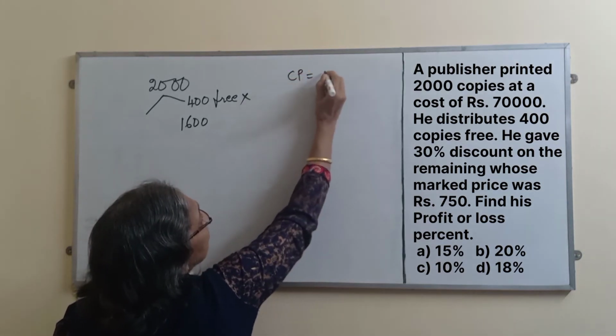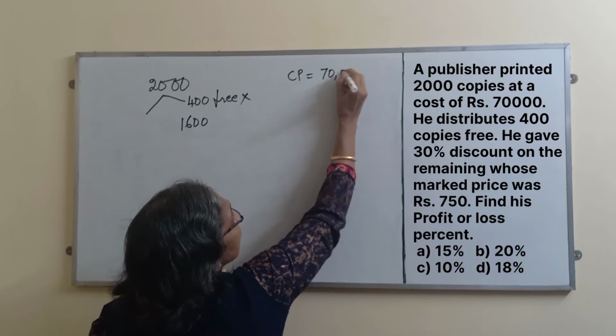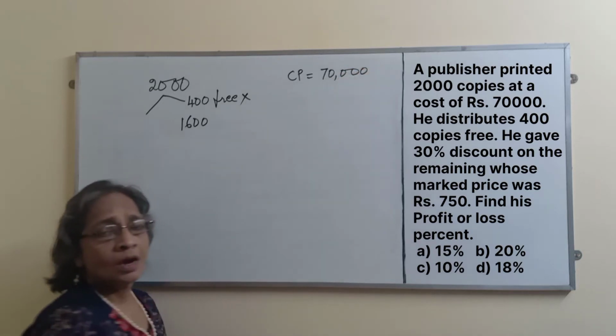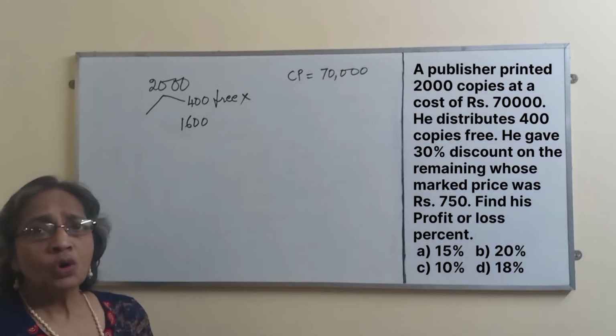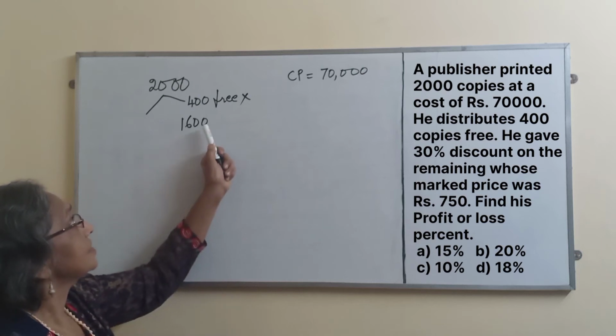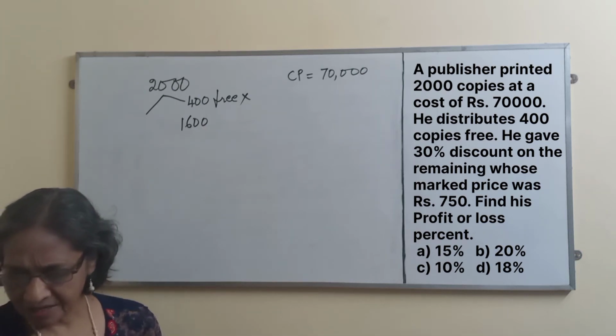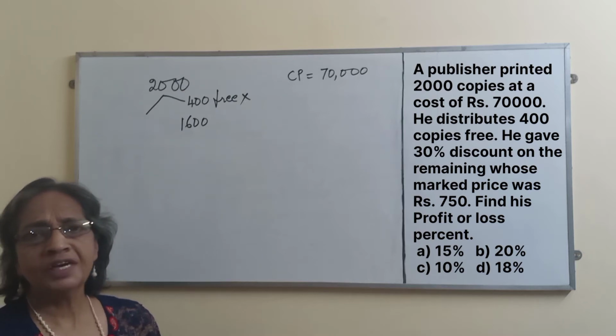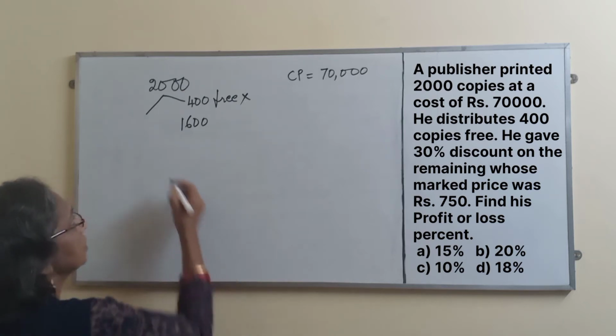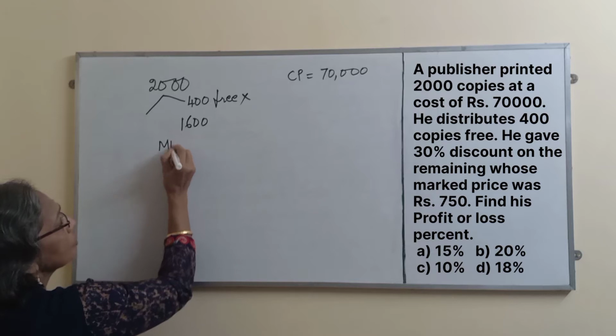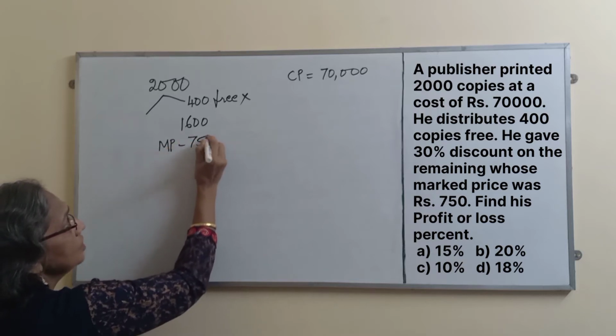Now we know that the total cost price is 70,000. So he sells these at a discount of 30% on the marked price of each, which is 750. We know that the marked price is 750.